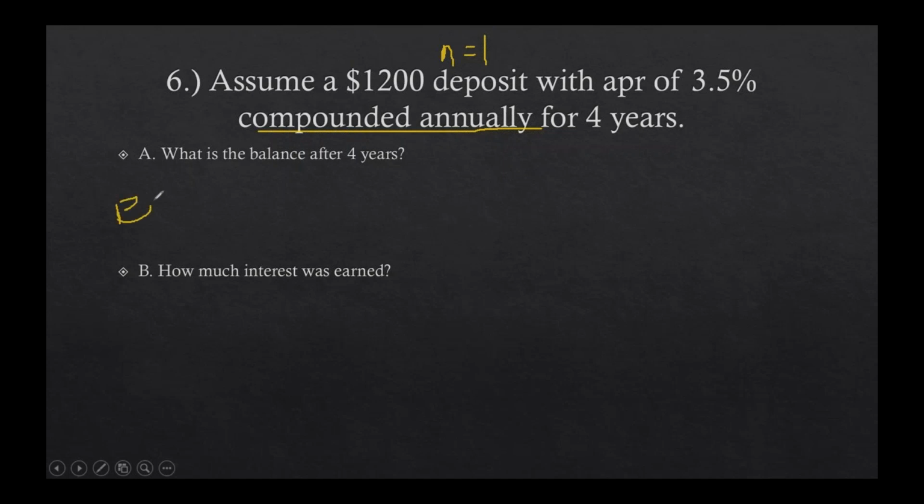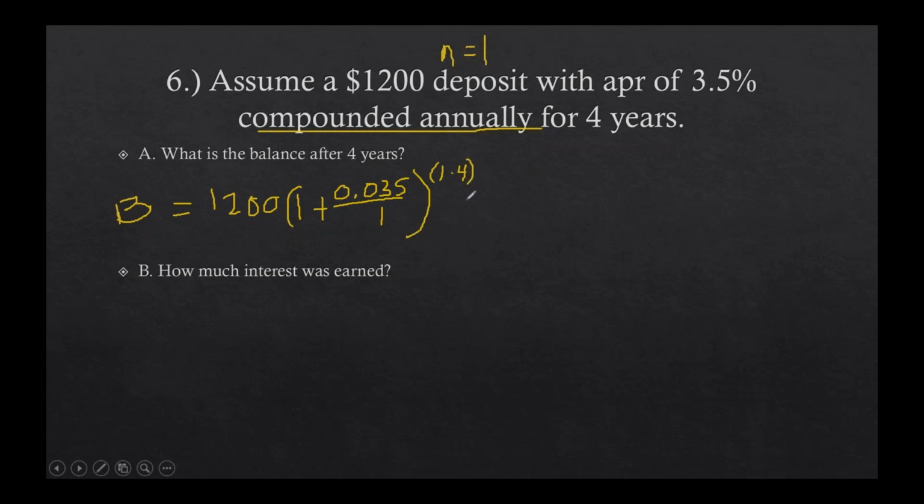All right, so I know that N is 1. So when I go to my formula, balance equals principal, 1,200, times 1 plus my rate, change that to a decimal, divided by N, and then my exponent is N times T, where T is still our time in years.